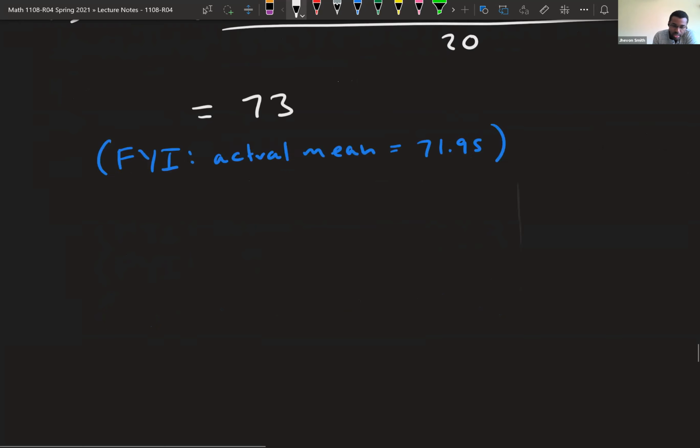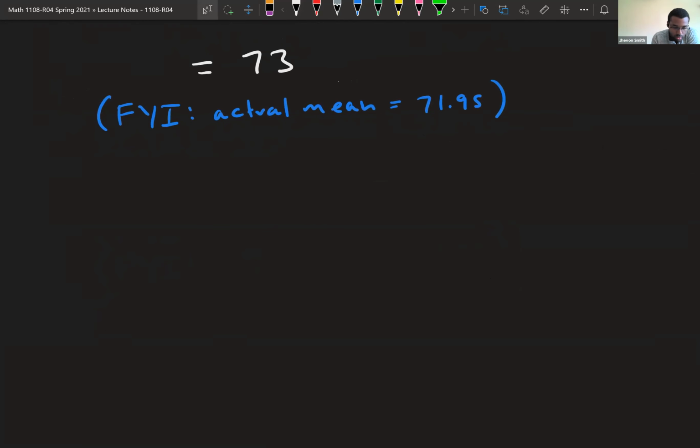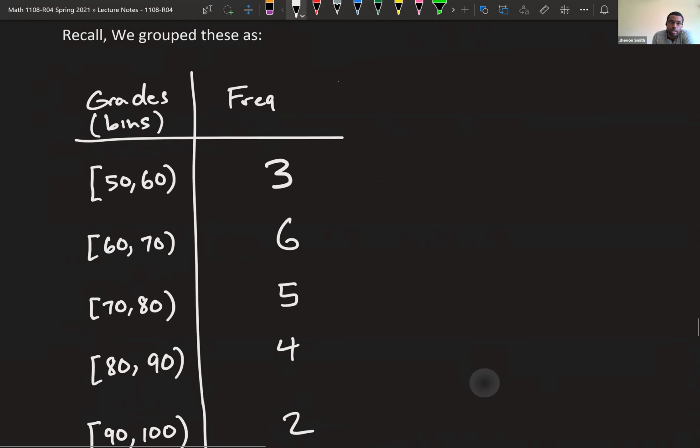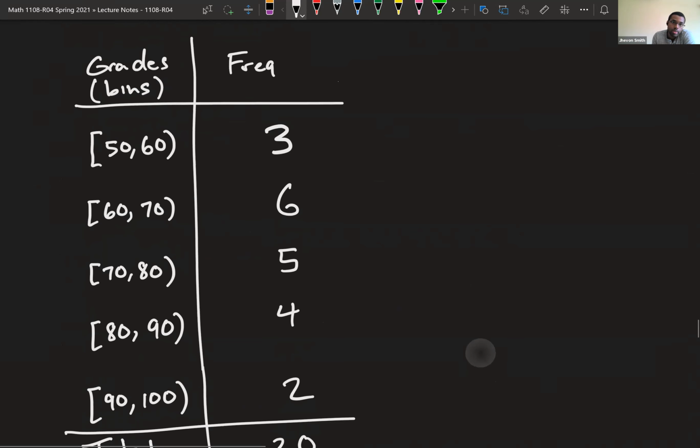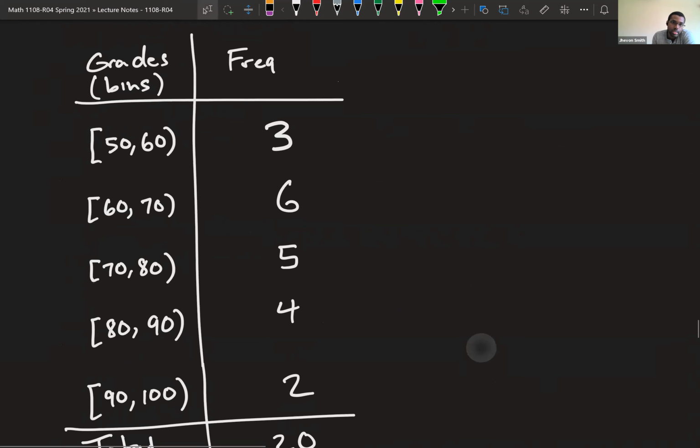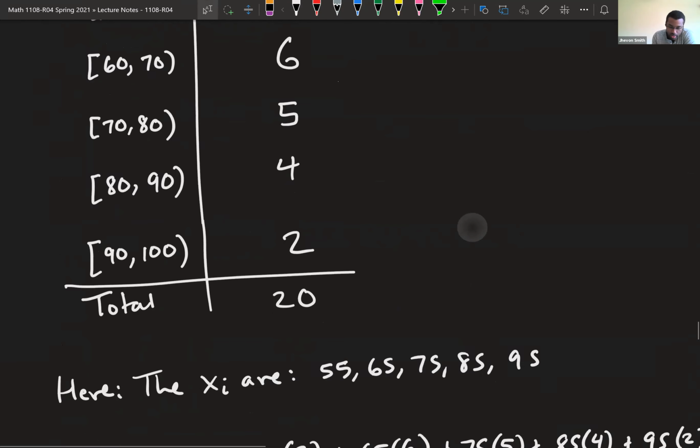Now, what about the standard deviation? So now S is going to be, again, we take each data value, so 55 minus the mean, squared. But remember, there are 3 numbers like this, because that was the frequency in the 50 to 60 bin. There are 6 numbers that take on the value 65, 5 that take on 75, 4 that take on 85, 2 that take on 95.